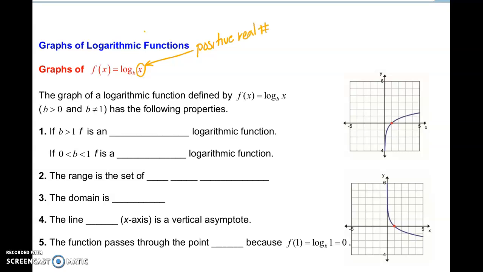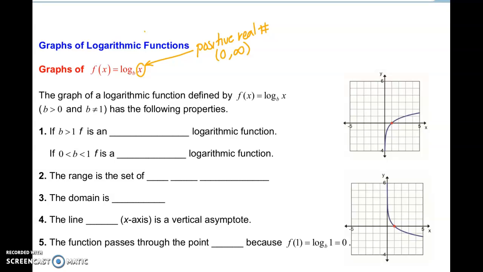So the value that you put in has to be between 0 and positive infinity. It can't be 0 and it can't be negative numbers.